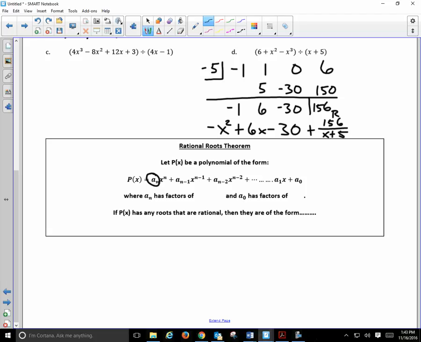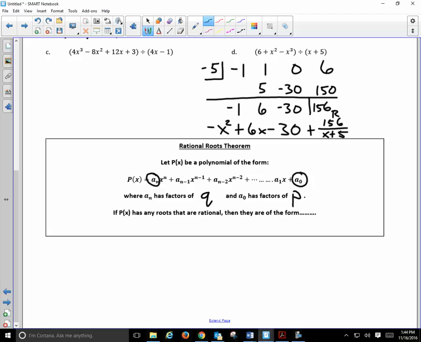And then a sub 0, that's your constant at the end. And these fancy terms, x to the nth and x to the n minus 1, just mean it's being written in descending order. So like x to the 5th, x to the 4th, x to the 3rd, and so on. And here's what we say. A sub n has factors of q, and a sub 0 has factors of p.